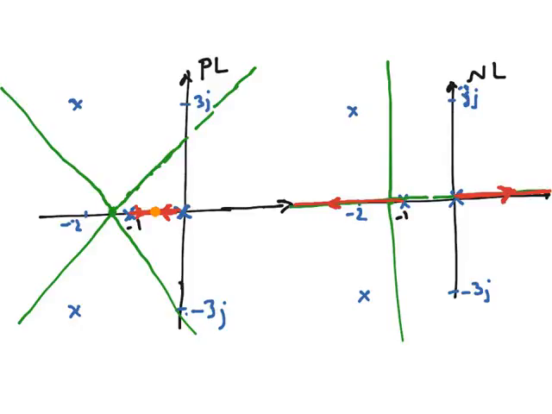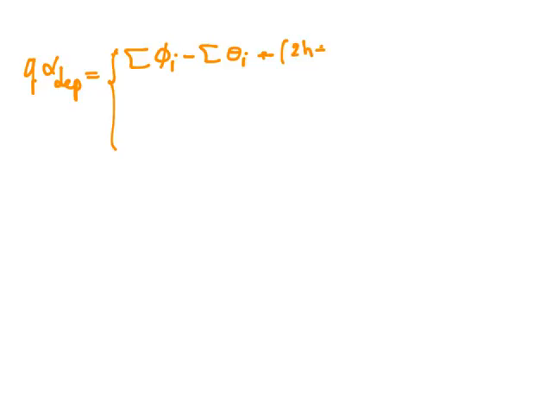What else do we need to calculate? We need to determine the departure angle for the poles. So let's do it right now. We need to determine alpha departure. So we know that Q alpha departure is equal to the sum of phi i minus the sum of theta i plus (2h plus 1) times pi for positive locus, and the sum of phi i minus the sum of theta i plus 2h pi for negative locus.